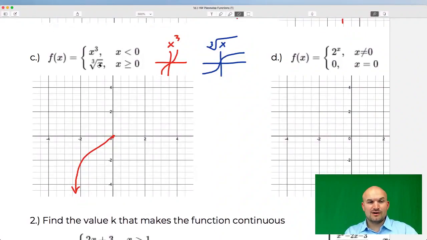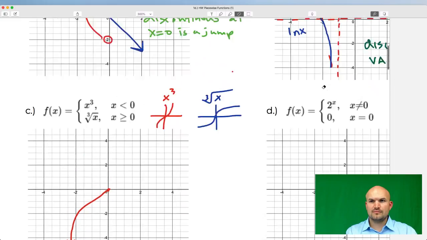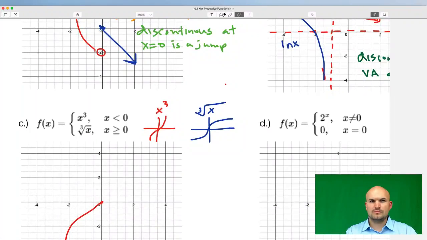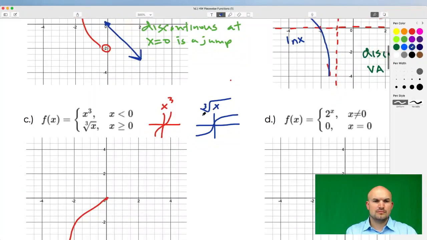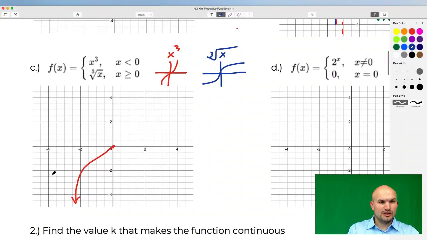And then now we want to graph the cube root function, which is the blue. That function we're only going to graph for x values that are greater than or equal to 0. The important thing, which I forgot to mention, is that the other one is not equal to, right? There's a hole right there.